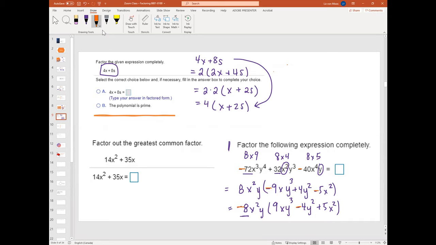If I change this guy to negative, well, now I definitely want to pull out a negative. So if I have a negative for every single term, I would want to make sure I pull that out so that my answer has 1 negative sign and every other term within the brackets becomes positive. But what this also tells us is that I can mess around with negative signs.